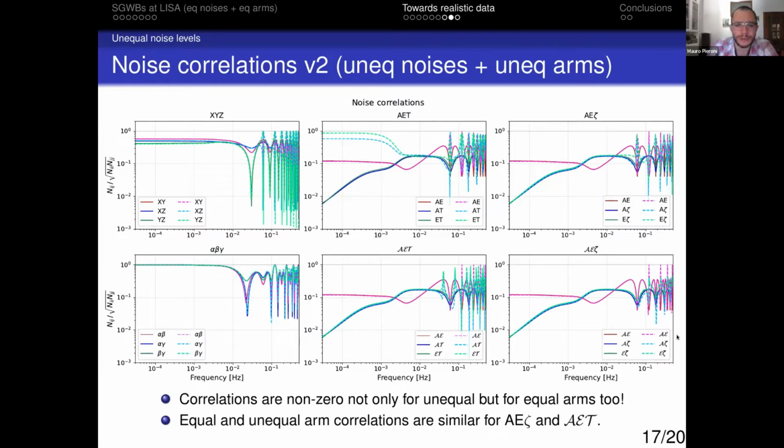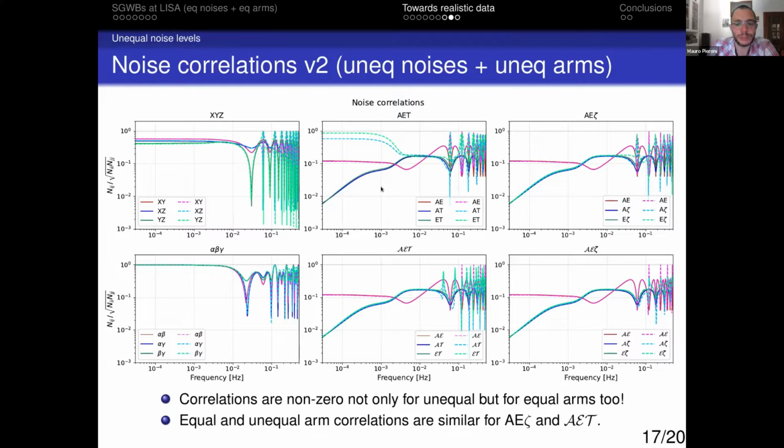Can you say again the part about noise correlations? I mean, with this level of discrepancy, what's your change in noise correlations? I was not sure what the dashed lines and solid lines were. Okay, sorry. Solid lines are again equal arms. Dashed lines are unequal arms.